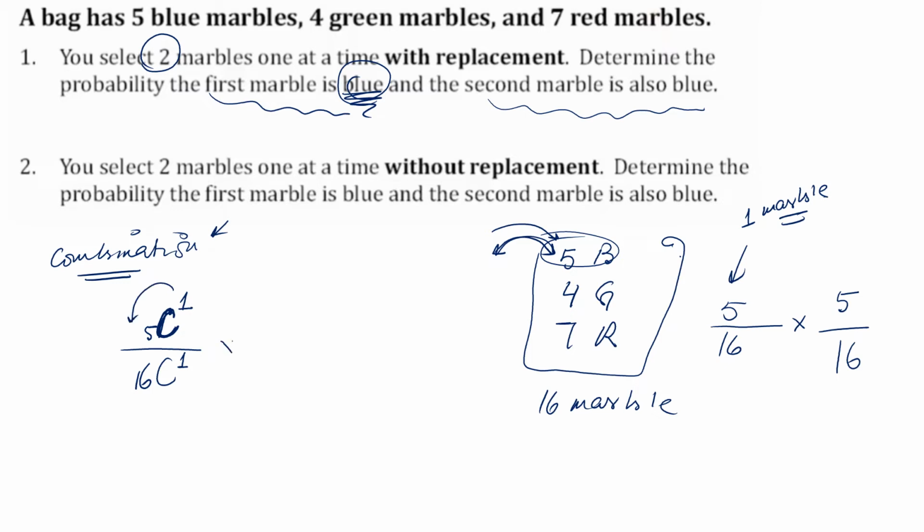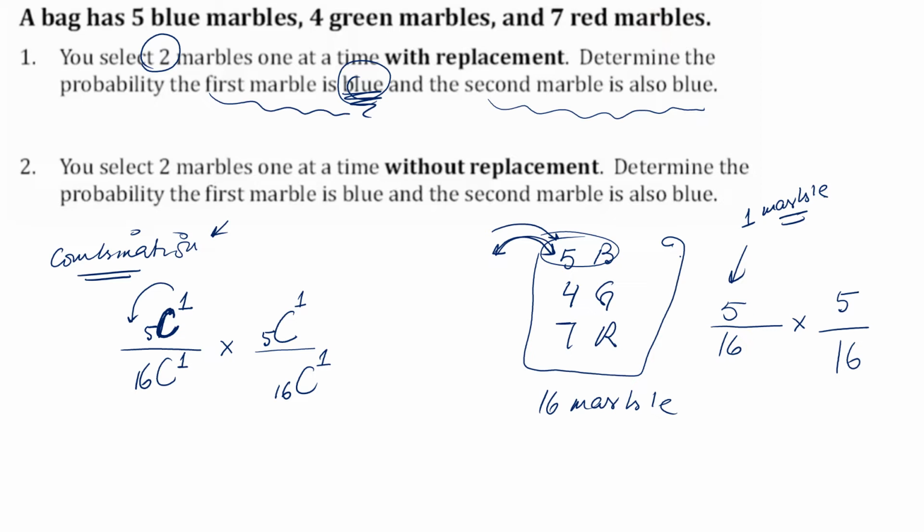Now second, multiplying, again you have to select one more marble, again one blue from the blue choices. So 5C1. And how many were in the bag? There were 16C1, because you choose the first marble from the 16 marbles.